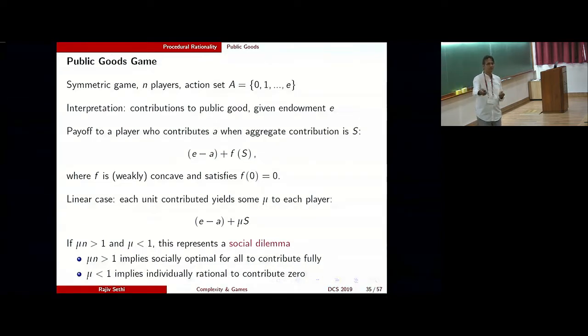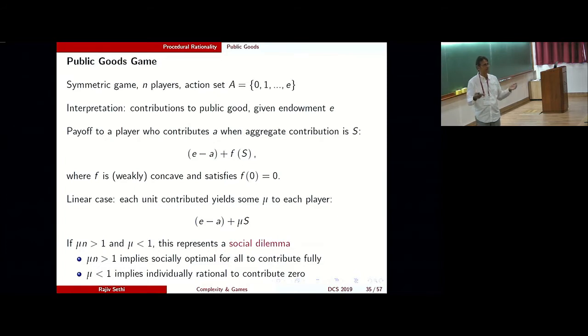If I put it into the public account, it is worth mu units to everybody, including myself. So suppose mu is, let's say, 2/3. If I put it into the public account, I lose 1, because it's not in the private account. Everybody gets 2/3, but I lose, because from 1 I go down to 2/3. But actually I'm generating a lot of value for other people.